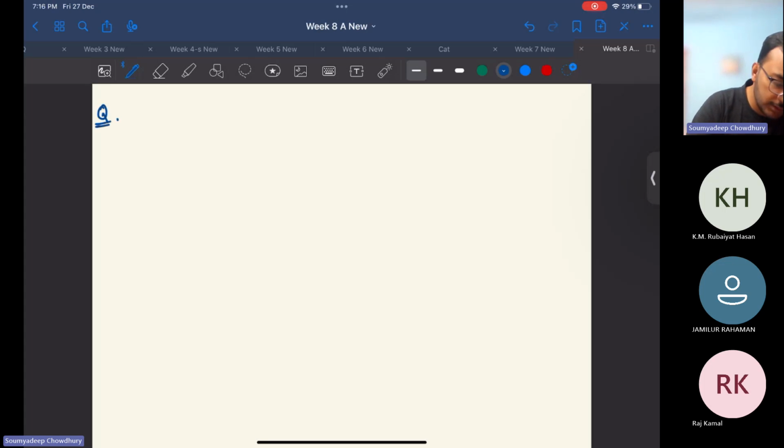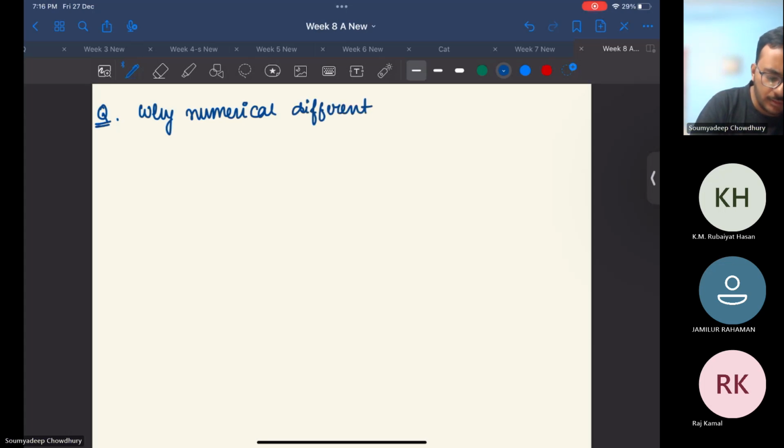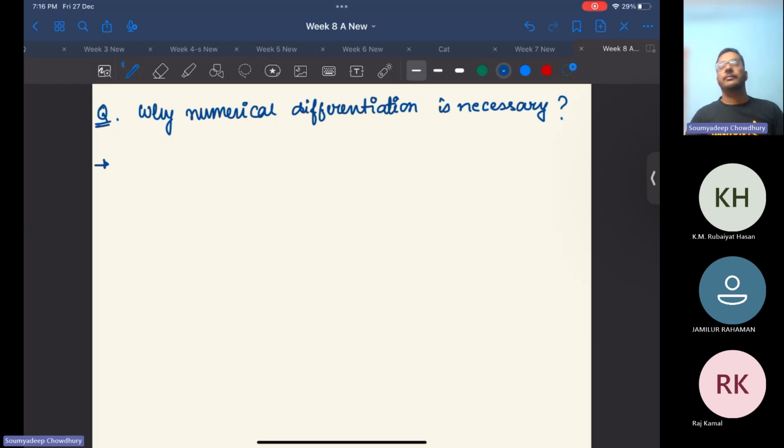So the question is, why is numerical differentiation necessary? The first answer is yes, we have the analytical expression for differentiation of different functions, but we cannot always find the derivative of any random function.